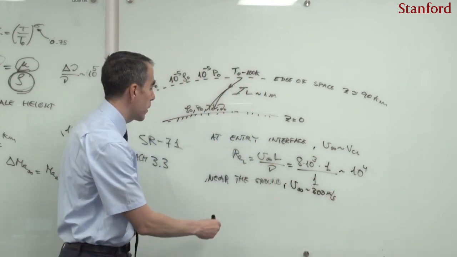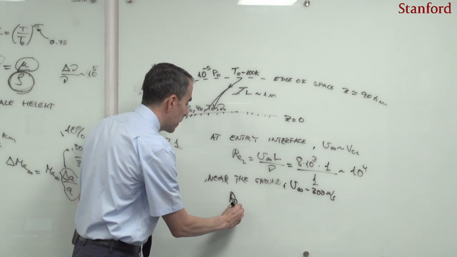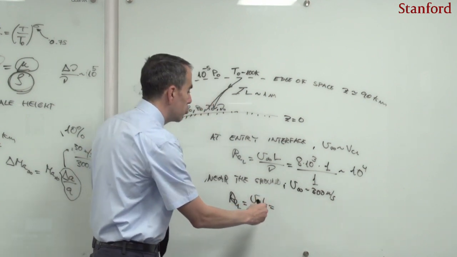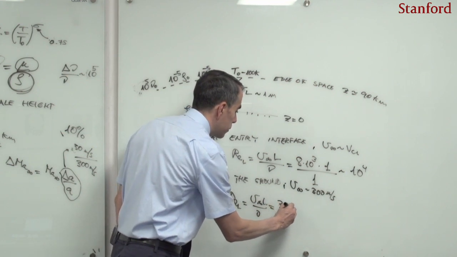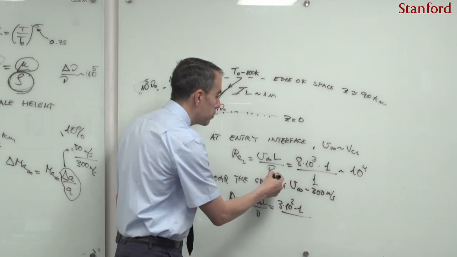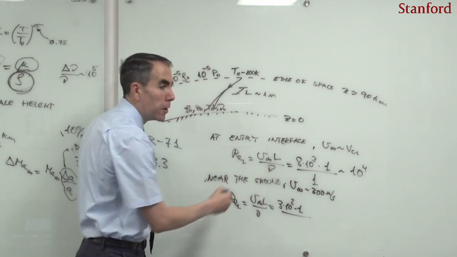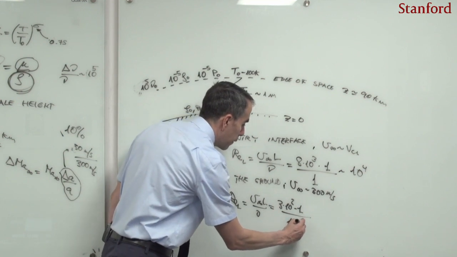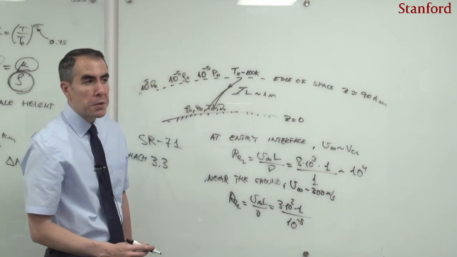Well, if I construct here again the Reynolds number, it's going to be 3 multiplied by 10 to the 2. Here I will have a 1 for the length. And here in the denominator, I'm going to have now the ground kinematic viscosity. So this is going to be 10 to the minus 5 meters squared per second.